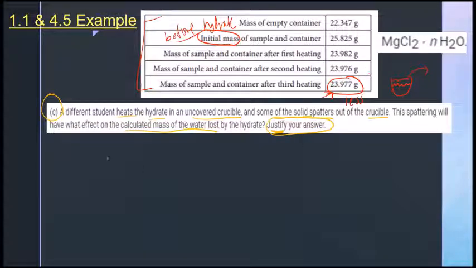So let's think about this. How do we find our water mass? Okay. Hydrate minus anhydrate gives us our water mass, right? But this value is lower or less than it should be. So what happens to the water mass overall?